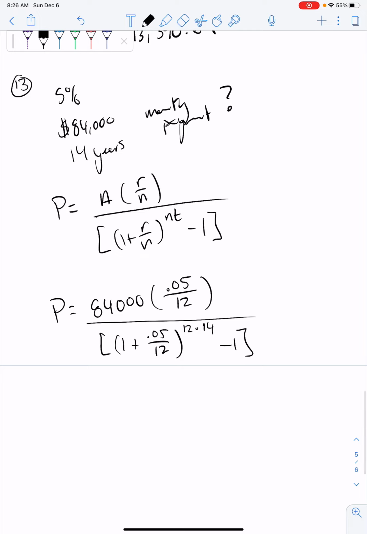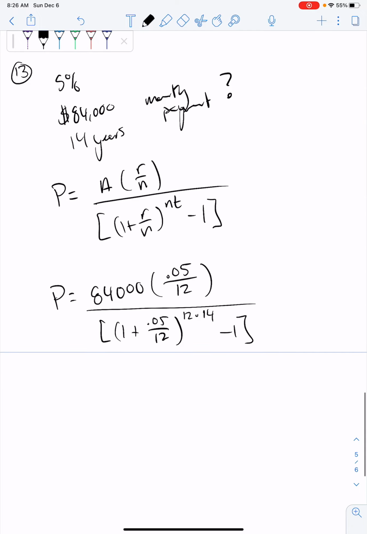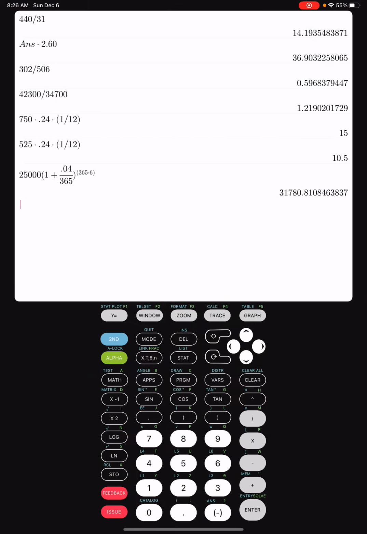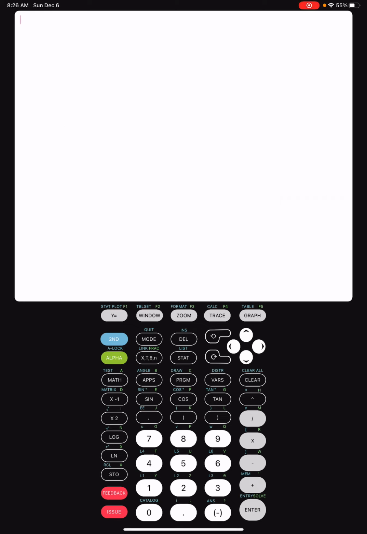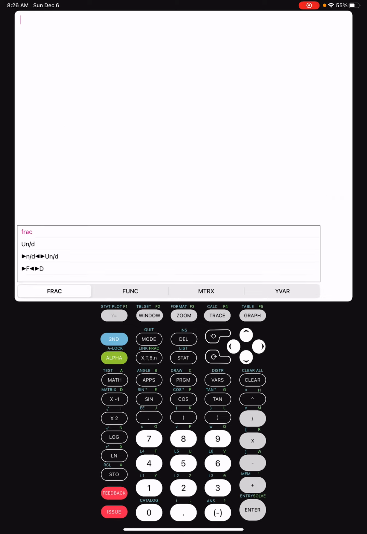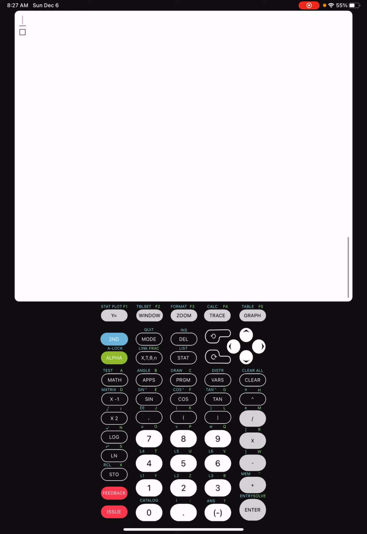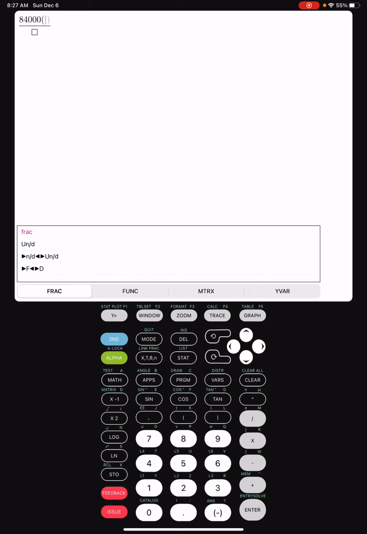So this one is a little bit uglier, right? This one doesn't look quite so pretty when you're trying to plug it in. So again, I'm going to work really hard to make sure it looks exactly like the formula. I'm going to do my big fraction bar, and on top I'm going to put my A, which was 84,000. Parenthesis, I'm going to put another fraction bar in.